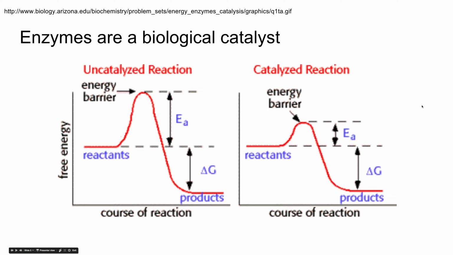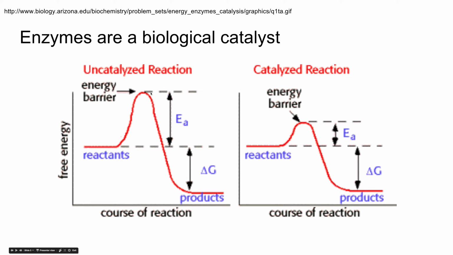One of those examples of a protein is an enzyme. An enzyme is something that we call a biological catalyst. What a catalyst does, said in sloppy language, is it speeds up a chemical reaction. In reality, what it does is it takes one of these graphs, and if you look on the left side, it says reactants, right side it says products, and then you have this red speed bump. On the left side where it says uncatalyzed, it's of one height, and where it says catalyzed, it's smaller.